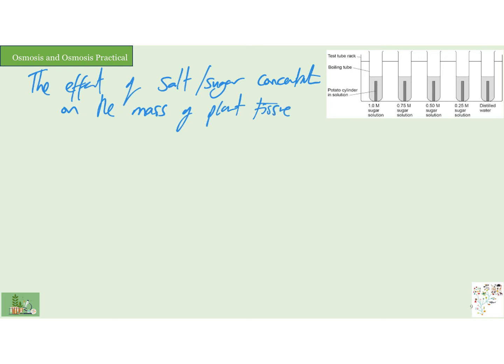So a few handy hints then, first of all. Whenever you see the words effect of, the term that comes after it is always going to be my independent variable. So the independent variable in this experiment is the salt or sugar concentration.